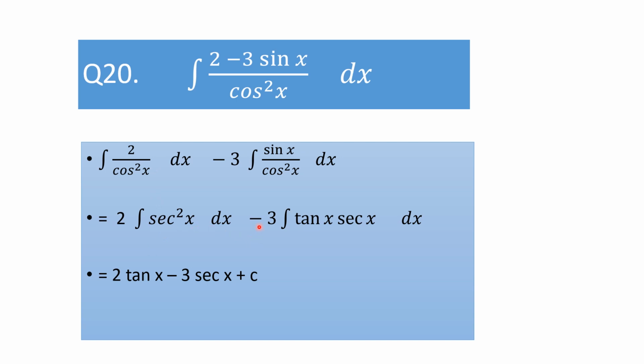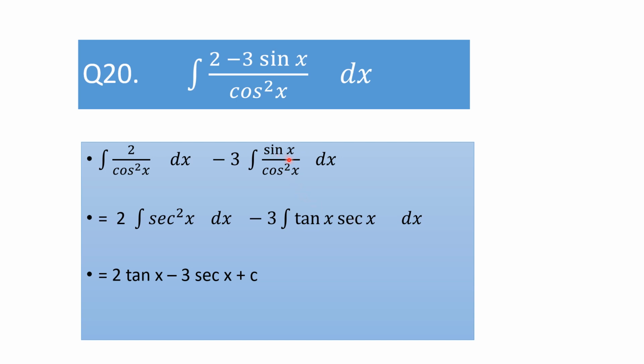Minus. This 3 will get copied as it is. This sin x upon cos square x is basically sin x upon cos x into cos x. Now you pick one cos x from here. So sin x upon cos x gives you tan x. Now one more cos x is left in the denominator. So you replace it by sec x because sec x is 1 upon cos x. So I repeat, don't get confused.